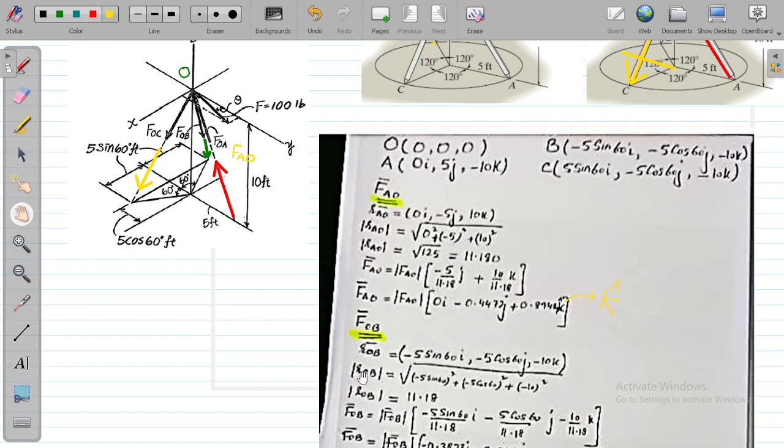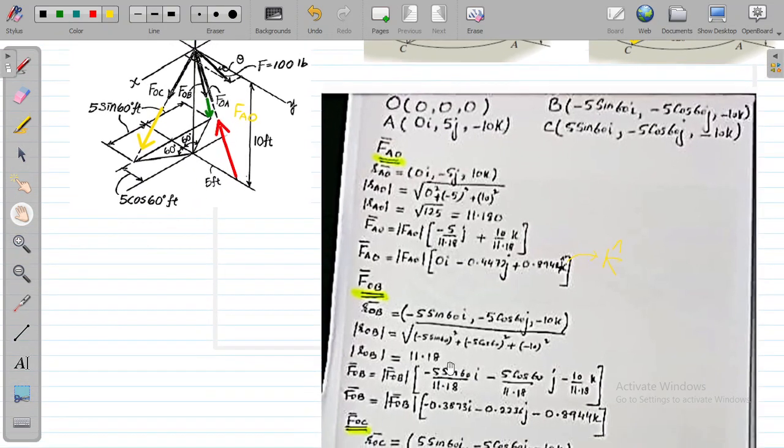This is ROB. Again you take the mod of ROB, the square root of minus 5 sin 60 squared, minus 5 cos 60 squared, and minus 10 squared. When you do that, you get the magnitude of ROB equals 11.18 also.